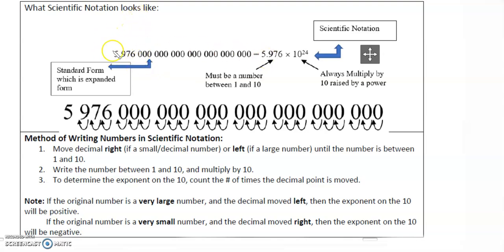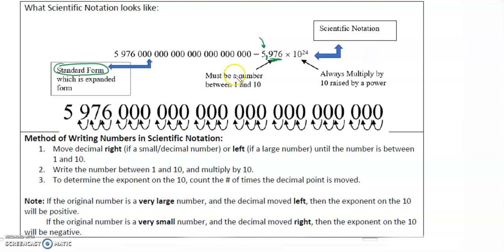If we have this really big number, this is actually called standard form, which is an expanded form of the number. That's usually what we see numbers in. Now, if we want to convert this to scientific notation, we're going to have one whole number, then a decimal immediately, and then whatever digits are after the decimal is fine.